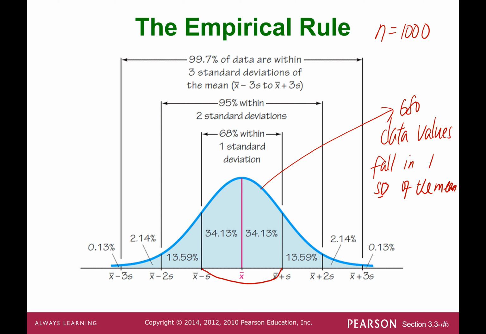SD here represents standard deviation. The second one is 95% of the data falling within two standard deviations of the mean.